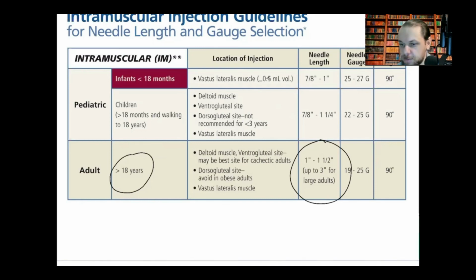So these are just some of the takeaways from the skin for you guys to keep in mind in terms of the layers, how they affect the selection of your catheters and your needles for the injections, and also how you classify burns so that you get the correct body surface area for your calculations.